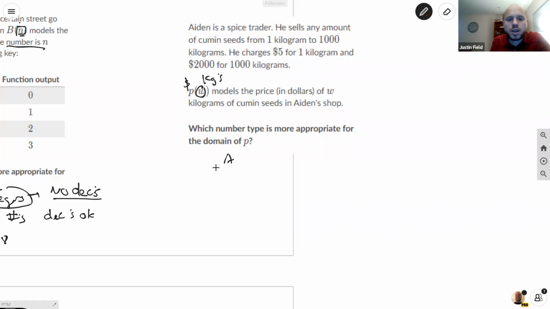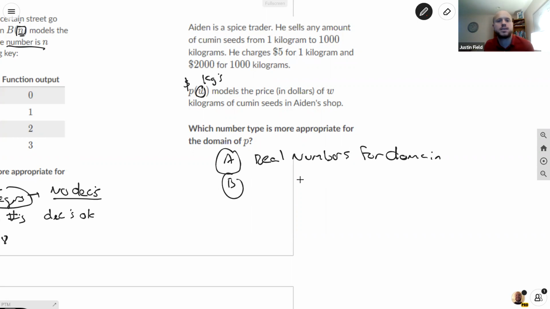So can weight be a decimal? Can it be 1.25 pounds? Yeah. So we're going to say real numbers for kilograms. So real numbers for the domain, because decimals are okay when we're talking about weight. So what are we talking about for the actual domain?